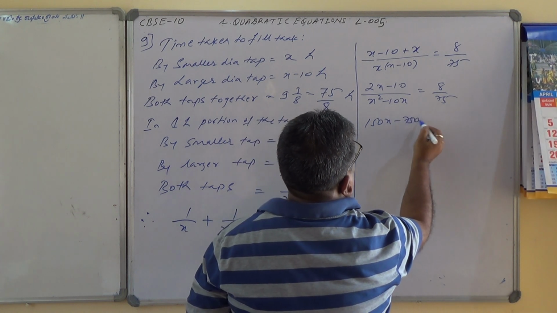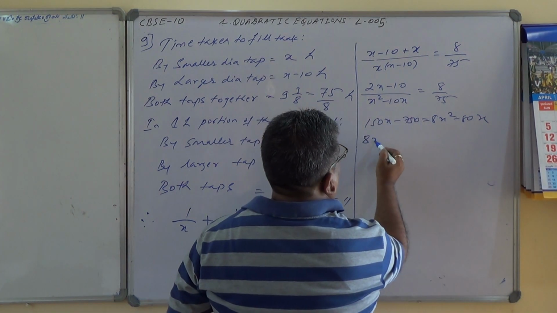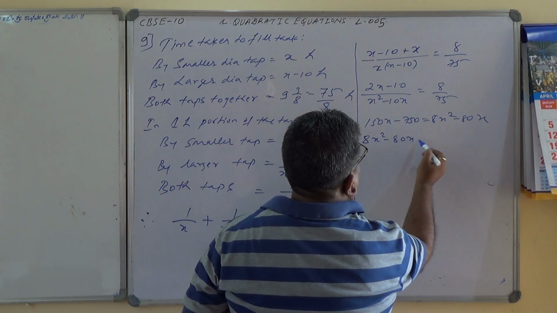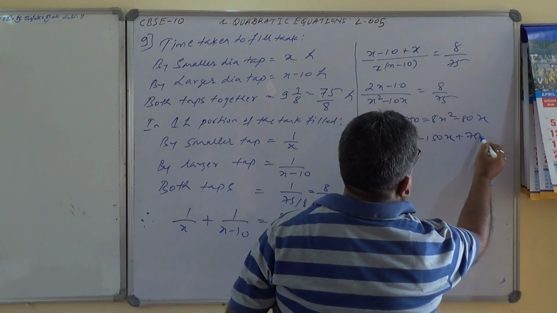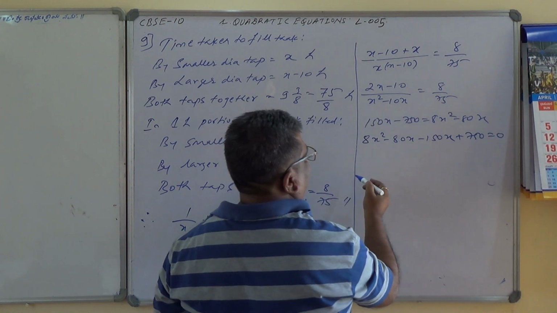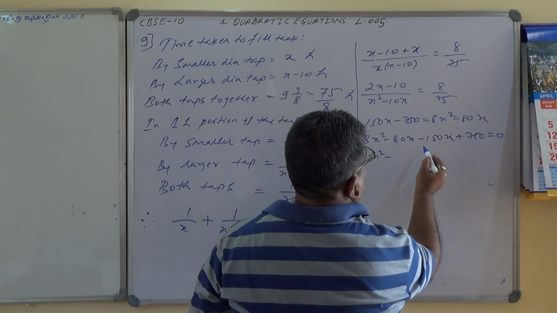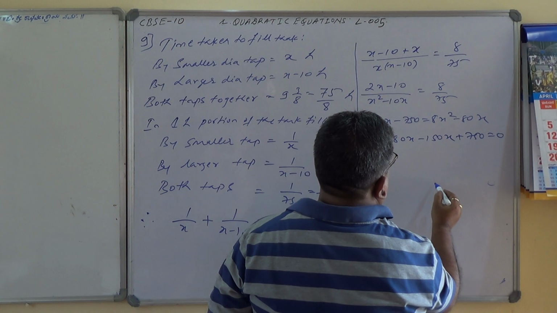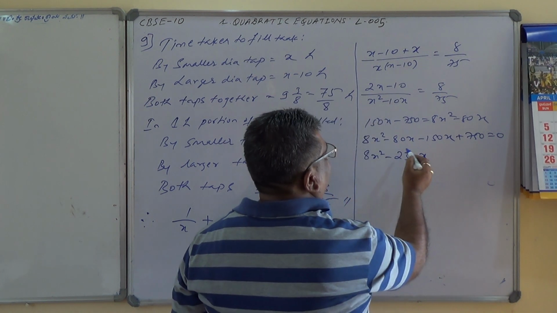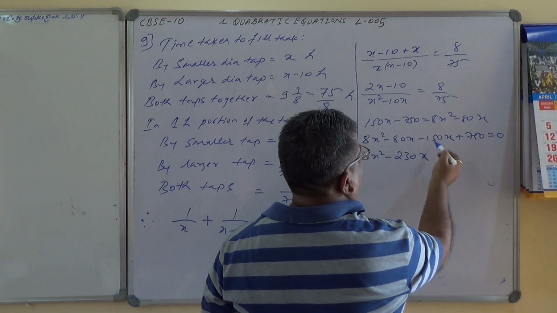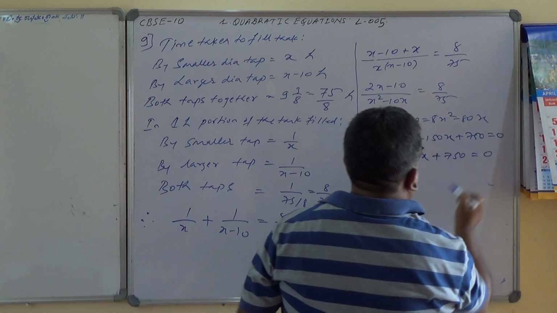So 150x minus 750 equals 8x square minus 80x. Taking that side, 8x square minus 80x minus 150x plus 750 equals 0. Now you should be correct: 8x square minus 230x plus 750 equals 0.